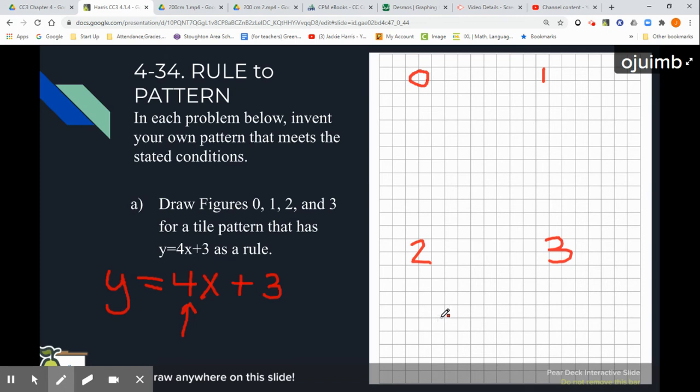You can add tiles in different locations within a figure, but then you need to add them in those same locations on the next one. So just be consistent. And again, I got to get rid of this before we can move on to the next page, or you're going to see all this writing on the next one.